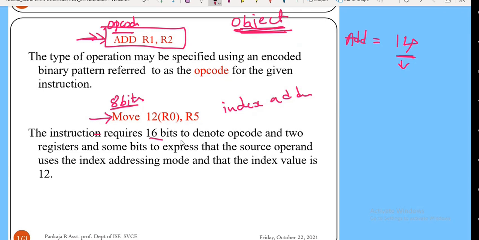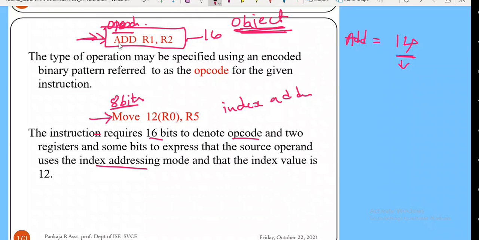The instruction requires 16 bits to denote the opcode and 2 registers, and some bits express that the source operand uses index addressing. Normally this is 16 bits, considering 8 bits for the opcode, 4 bits for R1 and 4 bits to represent R2. But sometimes the instruction may exceed 16 bits.